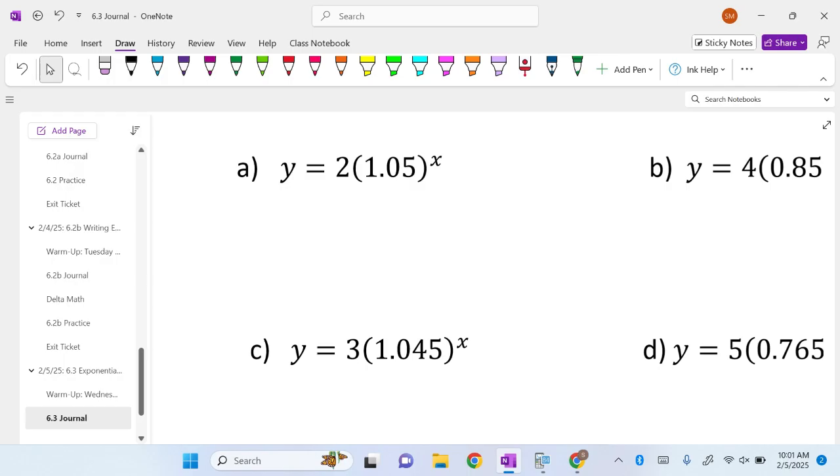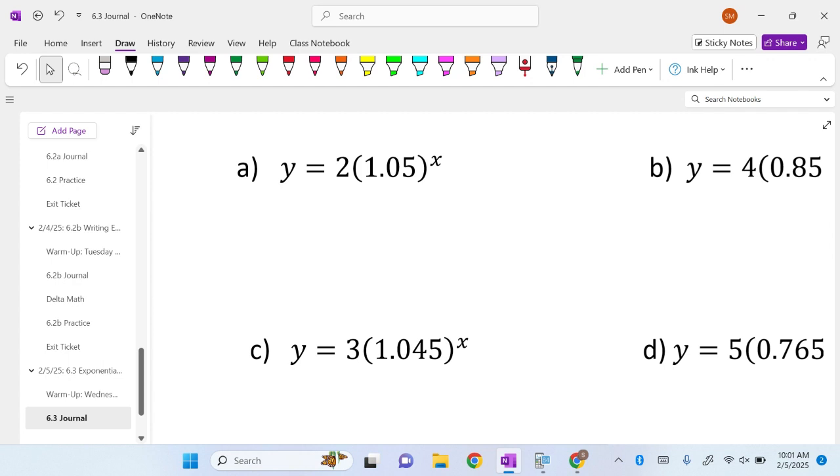So letter A, is this going to be an exponential growth or decay? Remember the glaringly obvious thing that we talked about that tells you it's a growth or decay problem. It has to do with your b value. It's a growth.